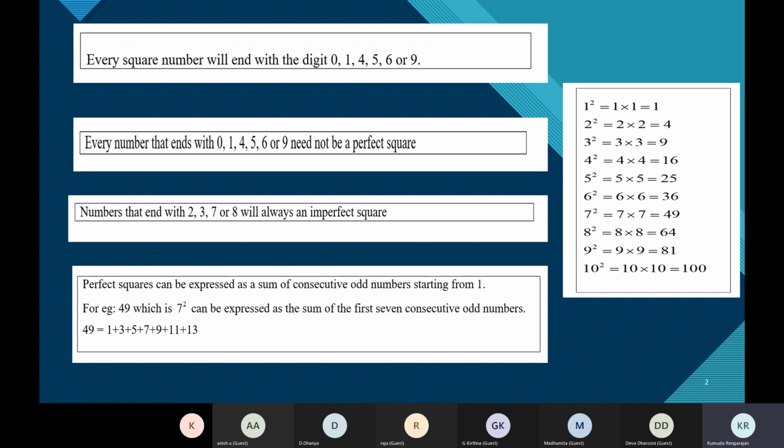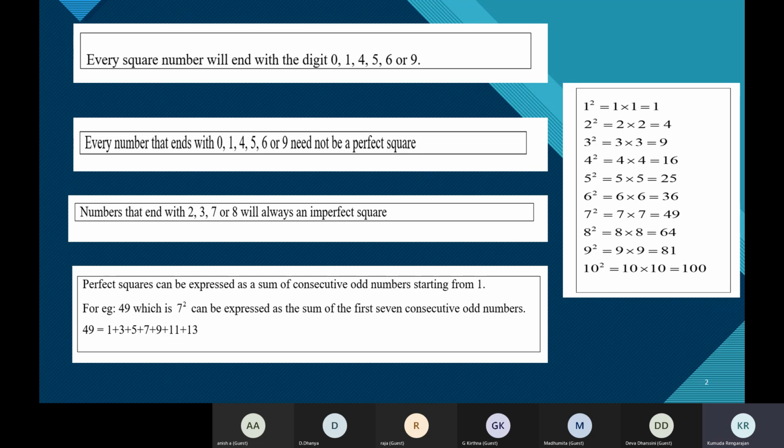Now we are talking about 1, 4, 6, 9. 1 can happen whenever the number ends with the digit 1 or 9. Now when you find 29 into 29, it ends with 9. 29 ends with the digit 9.